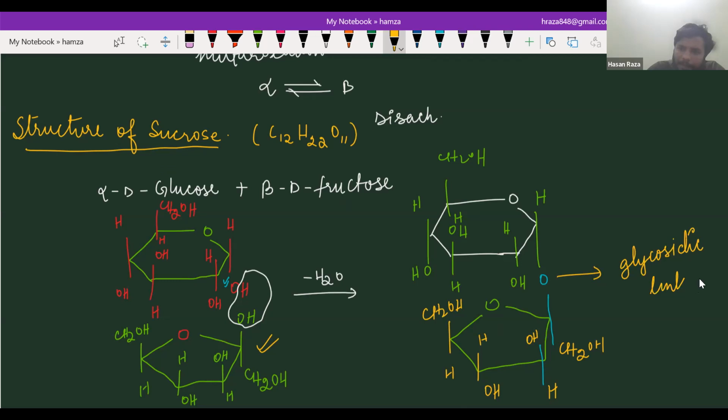A question can be asked like, in sucrose, where is the glycosidic linkage present? So you know that in glucose, this is the first carbon, and in fructose, this is the second carbon. So the glycosidic linkage is present between C1 and C2. And you also know that this is monosaccharide, this is monosaccharide, and this is in between mono and mono. Please write it.